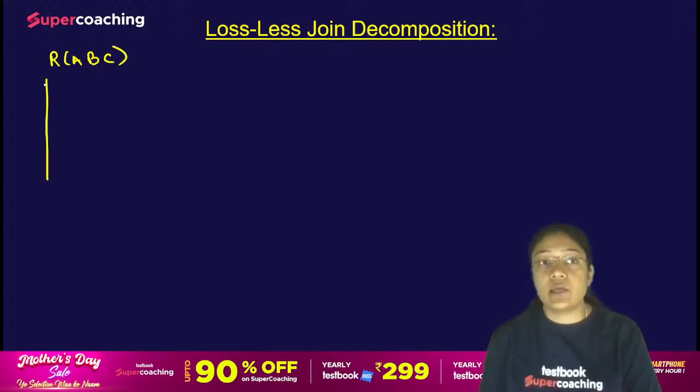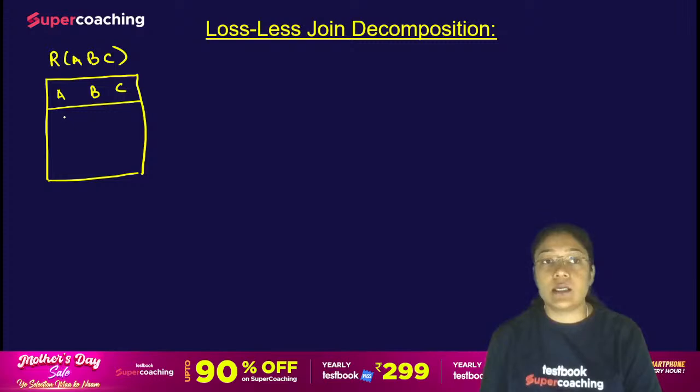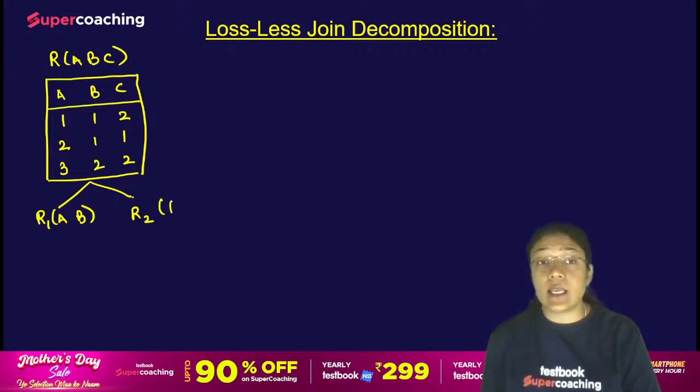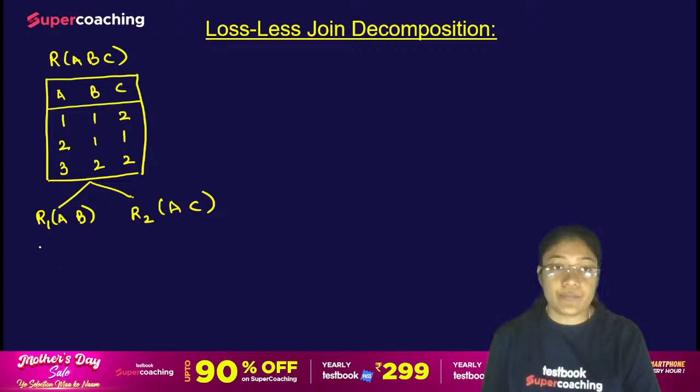We have the attributes A, B, C with the data 1, 2, 3, 1, 1, 2, 2, 1, 2. Now I'm decomposing this relation into some relations R1 and R2. Now I'm going to consider A as the common attribute. What is this A? A is now a key attribute. Make sense?